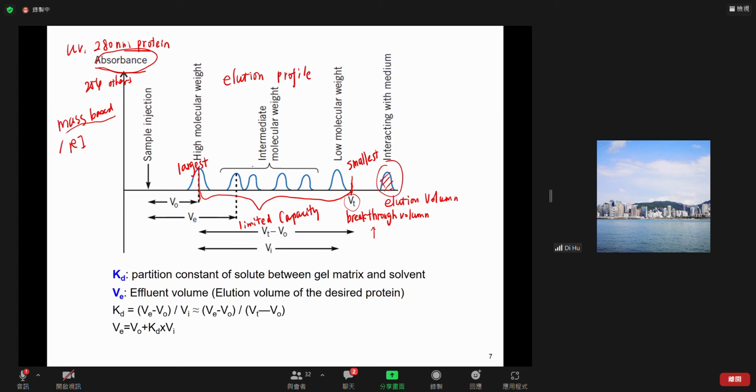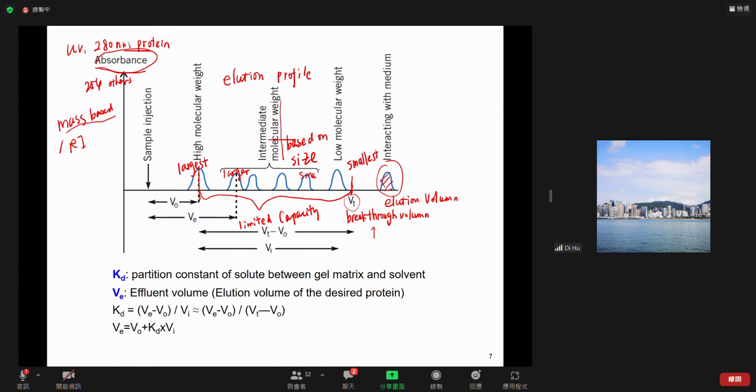For compounds of different particle size, keep in mind the separation is based on size, not molecular weight, only indirectly molecular weight. This is the larger size, and this is the smaller size.